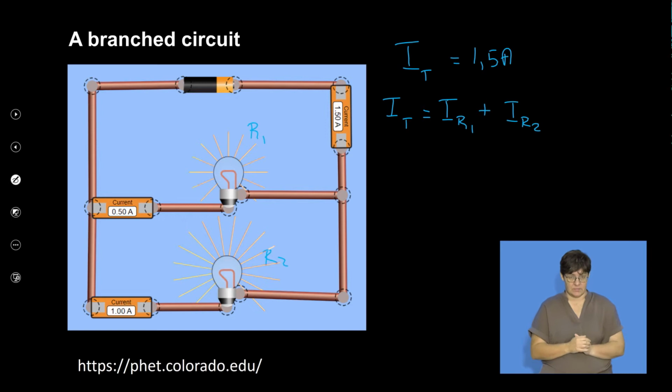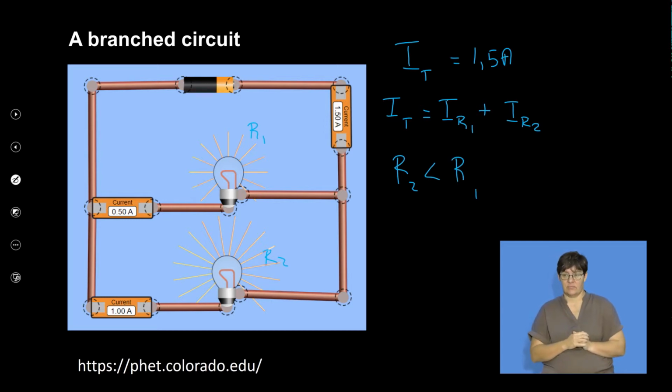But also very important to note is that the current through R2 is double the current through R1. What does that suggest to us? It says that the resistor with the lowest resistance has the most current, meaning that R2 in this case is lesser than R1.